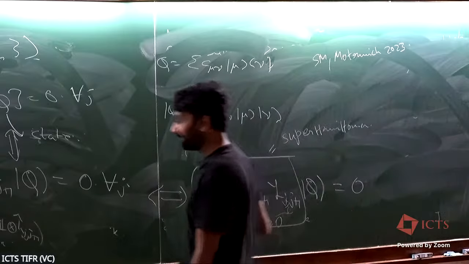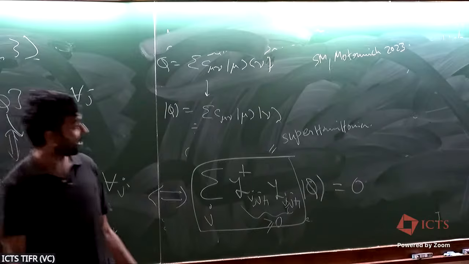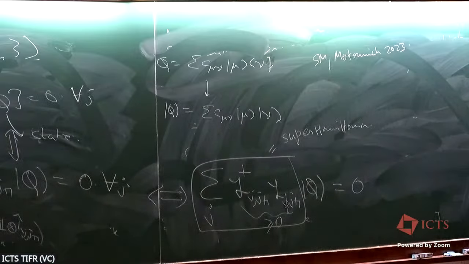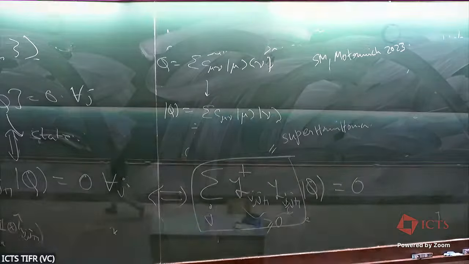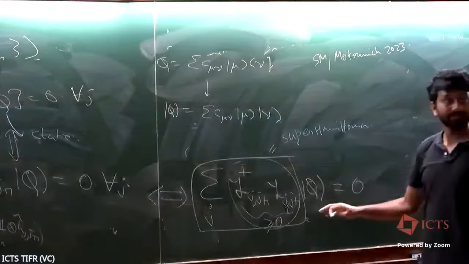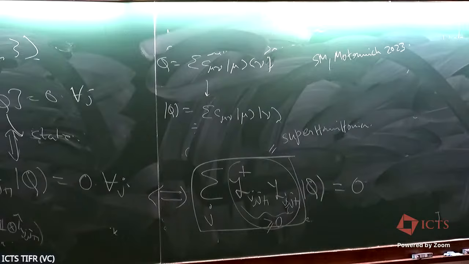So this is a frustration-free ground state problem, which Haruki discussed in detail. It's frustration-free because each of these terms annihilates this, and you can just find the ground state. There are efficient numerical methods to do this, which is also in one of our papers. But let me give you one example of how this works.